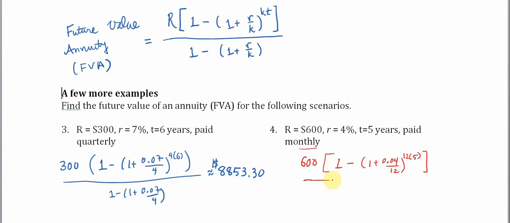All of this divided by 1 minus (1 plus the interest rate divided by the number of times compounded per year). Again, be very careful typing this into a calculator. Our final answer is going to be approximately $39,779.39.